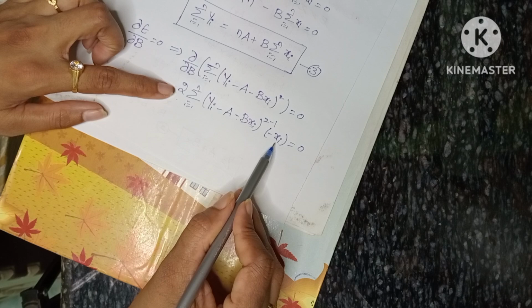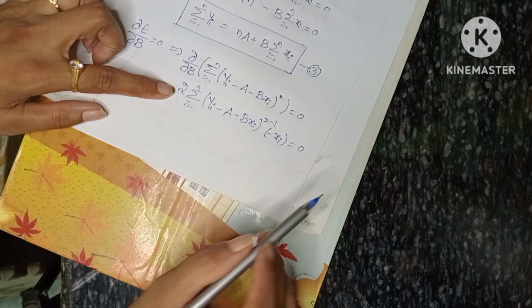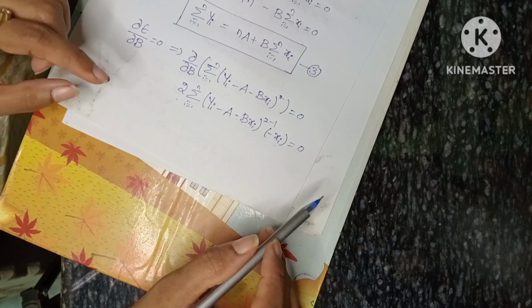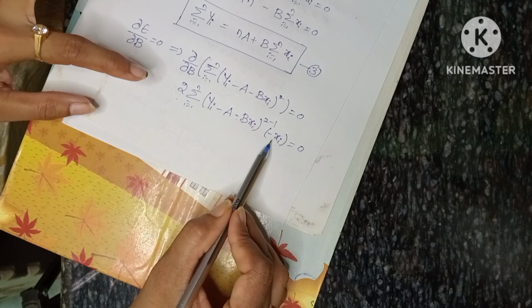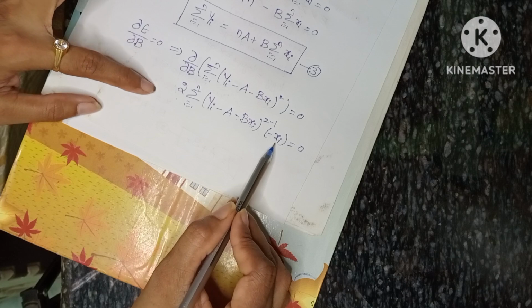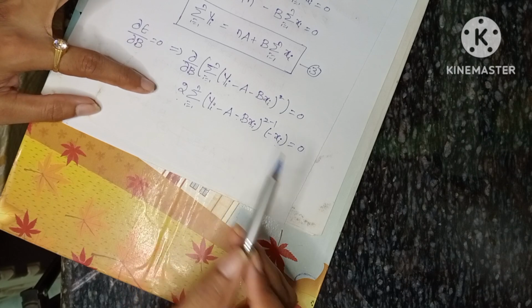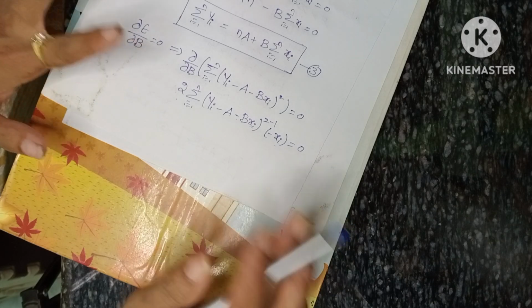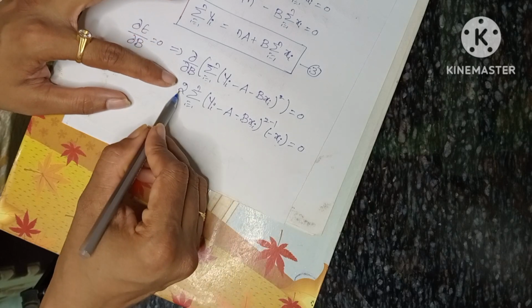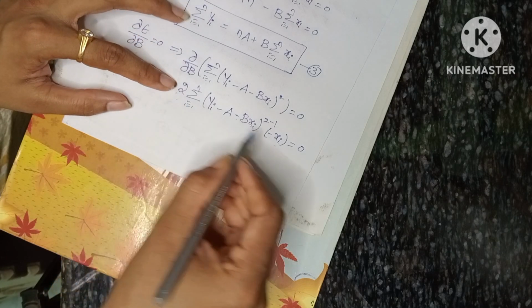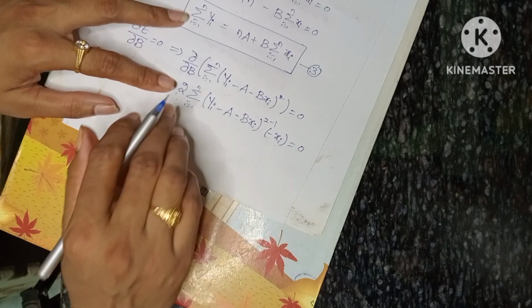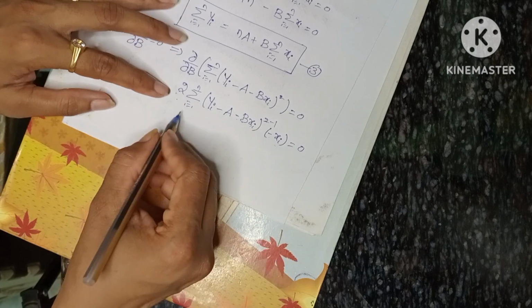Now only this integer part we have to take from LHS to RHS. We should not transfer this xi from LHS to RHS. Why? Because if we want to find the constants a and b, we have to make sure that this variable should not be taken from LHS to RHS. So only minus 2 we have to transfer from LHS to RHS.